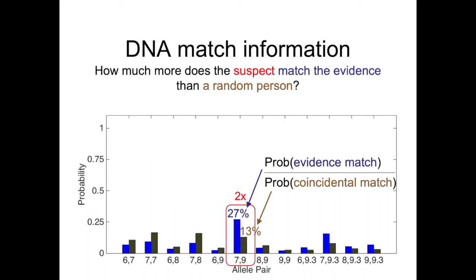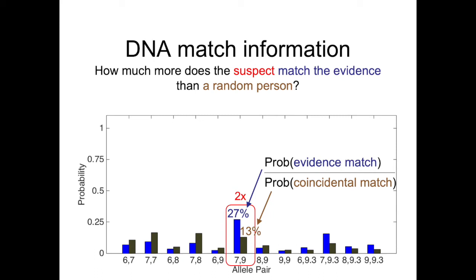Sometimes the evidence genotype in blue is greater than the population, and that ratio is the match statistic, like in that case around a factor of 2. Sometimes the brown is greater than the blue. That means the chance of a coincidence is greater than what the evidence is trying to show, and so it's 7/8.